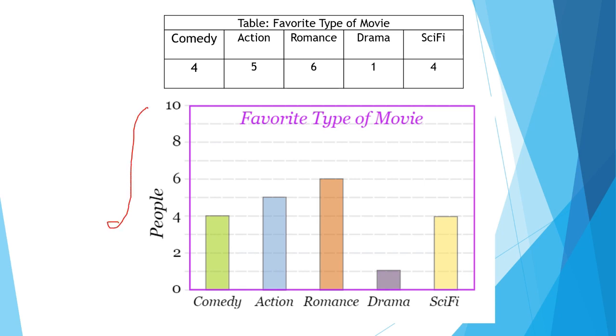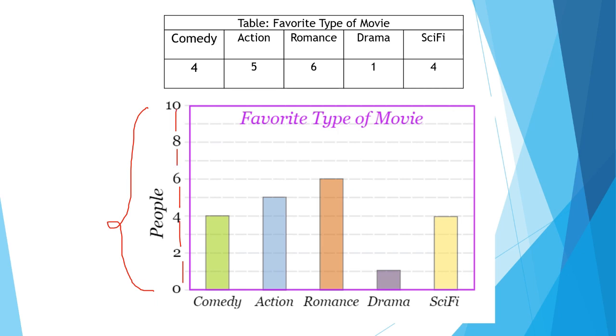So in this part of the graph, we will write the numbers, okay? We will write the numbers 0, 2, 4, 6, 8, 10, which will represent the number of people who like a specific type of movie. Now just make sure that the numbers here are of the same interval.